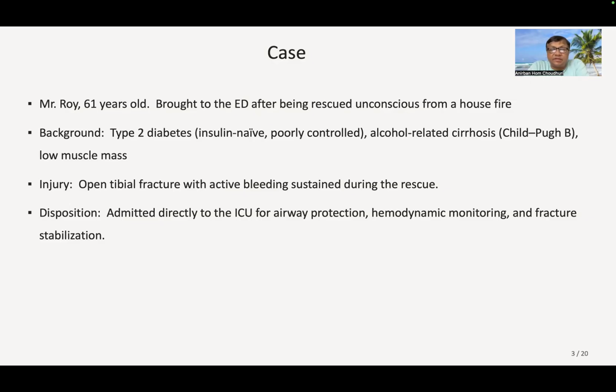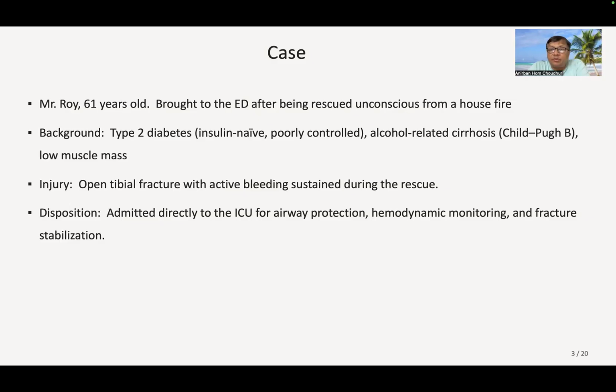The injury that he sustained was an open tibial fracture with active bleeding sustained during the act of rescue. The disposition was that he was admitted directly to the ICU for airway protection, hemodynamic monitoring, and fracture stabilization.